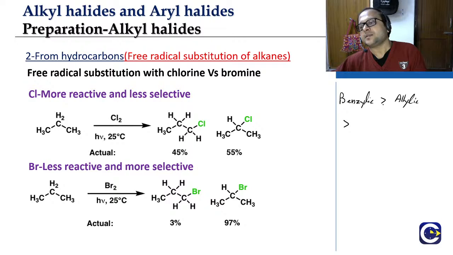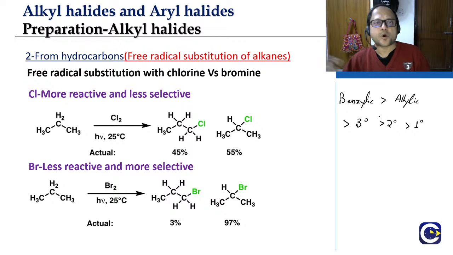Quite similar they are, still marginally benzylic should be more than allylic. Then you have got tertiary, secondary and primary, the same order as followed by carbocations also, right? Now the thing is, you have got these things over here.